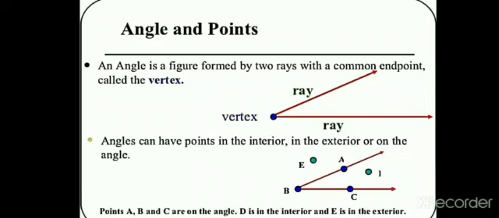The points which are on the two rays and inside the angle are known as interior points. The points which are outside the angle are known as exterior points. Point A, point B, point C are interior points, and point E and point I are exterior points.